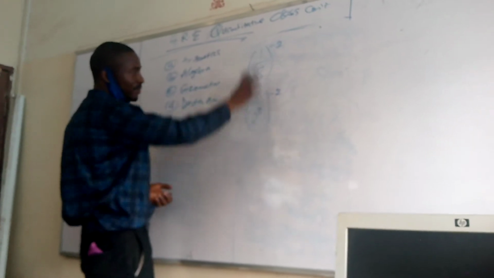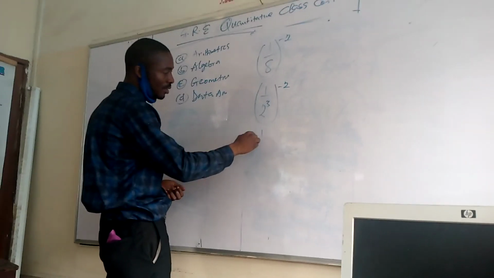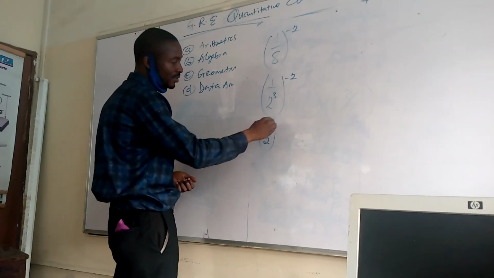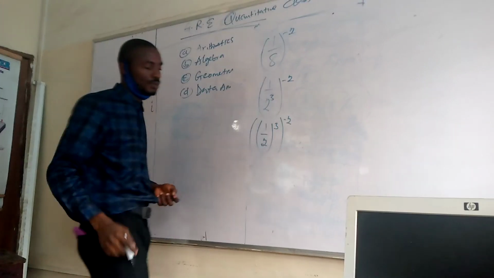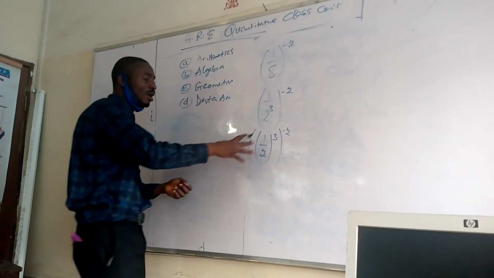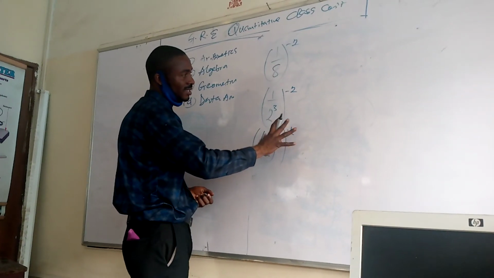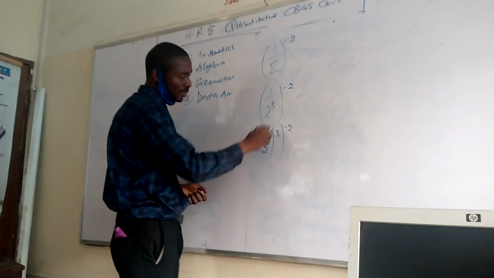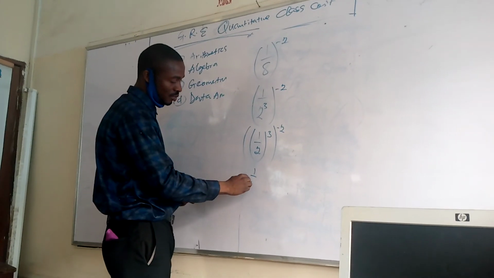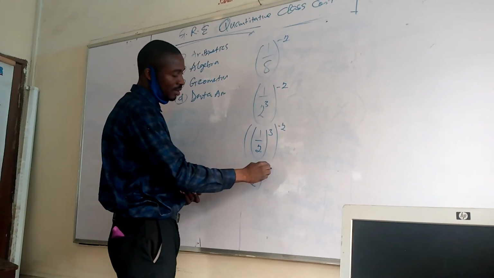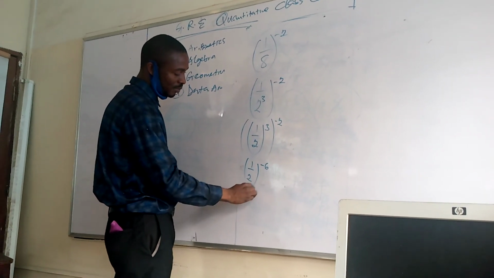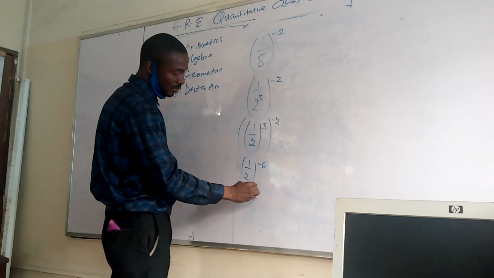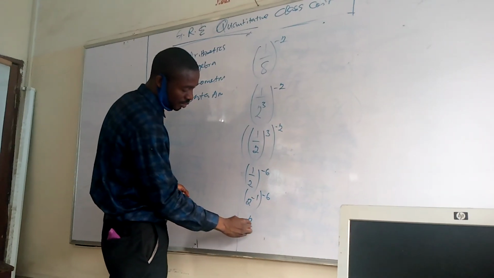This can be re-expressed as 1 over 2, everything raised to power 3, still raised to power minus 2. Is that okay? One of the laws tells us that power multiplies power. So this is 1 over 2 raised to power minus 6. In this sense, this is 1 raised to power minus 1 times minus 6, which is 2 raised to power 6.